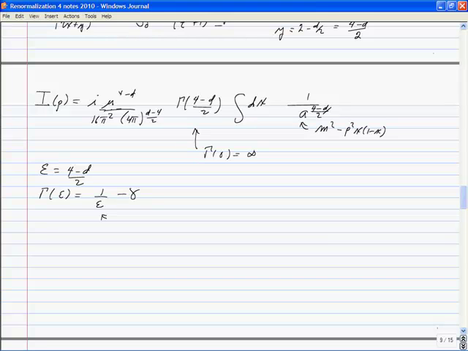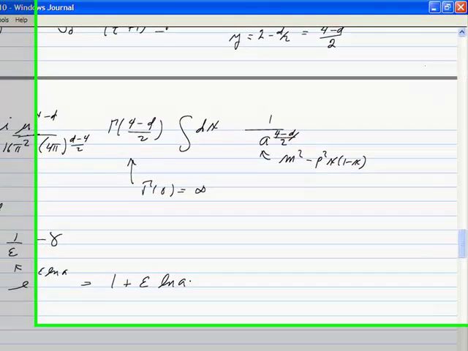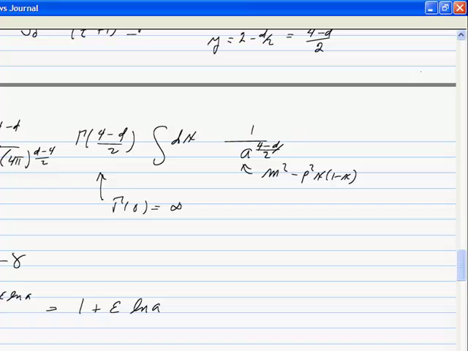So we use the following identity also. If you have some number a to the epsilon, you write that as e to the epsilon log a. Okay, that's an identity. It is 1 plus epsilon log a, dropping epsilon squared.